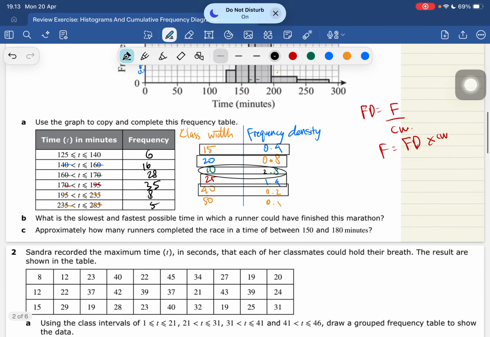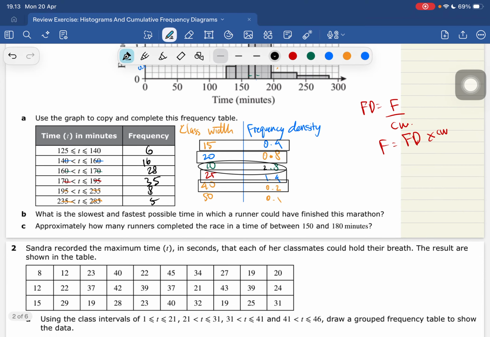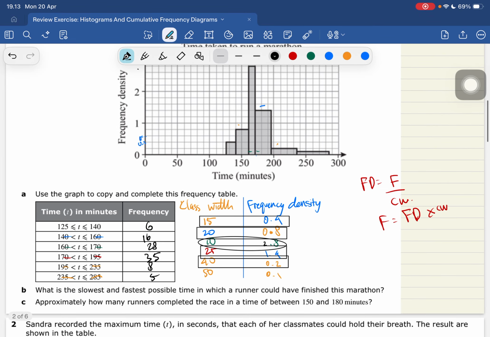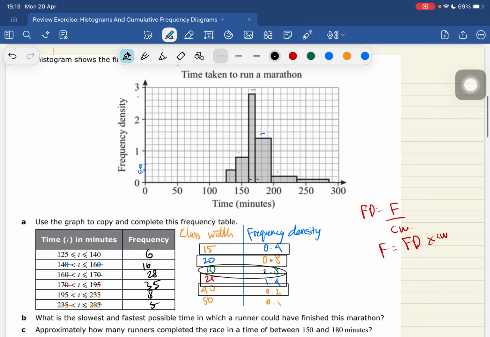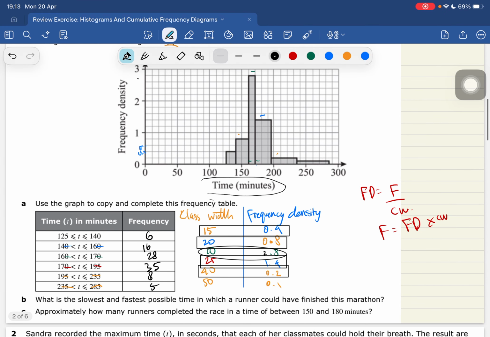Next question. What are the slowest and the fastest possible times in which a runner could have finished the marathon? This is the time.